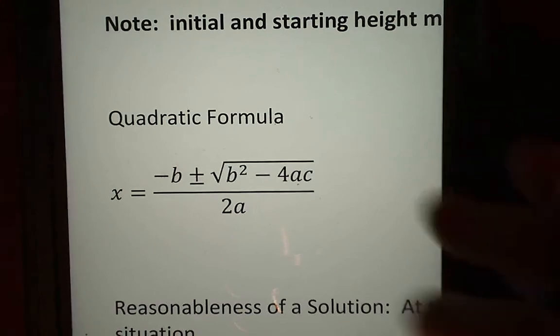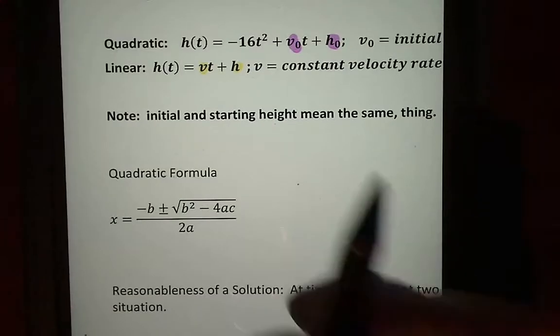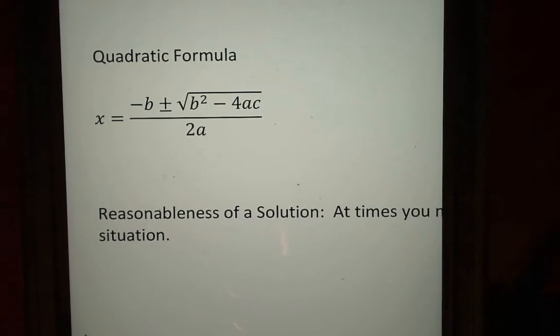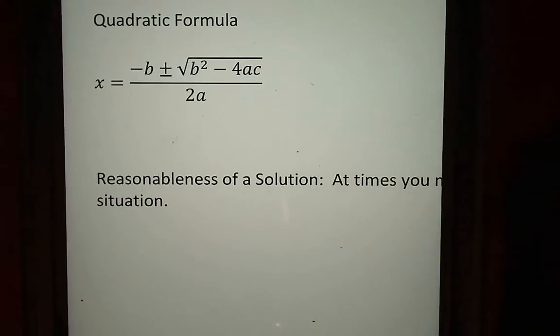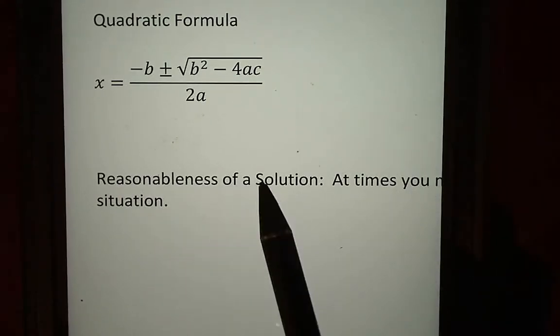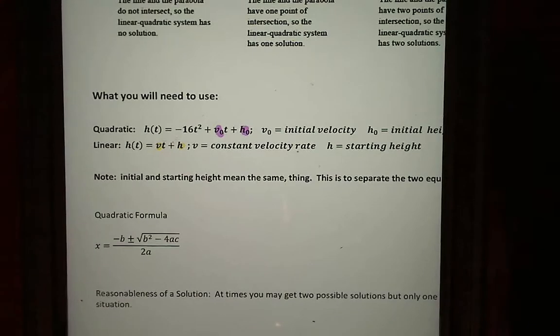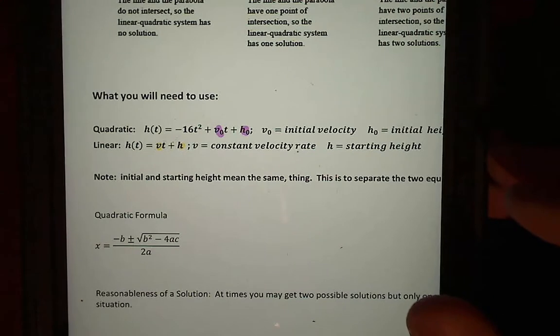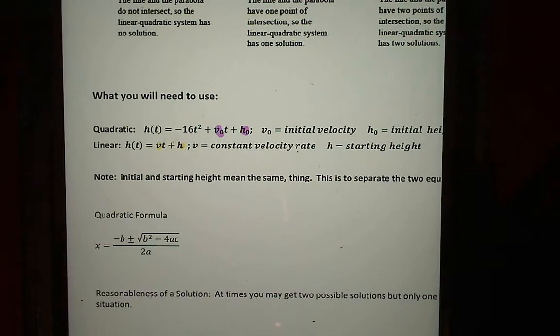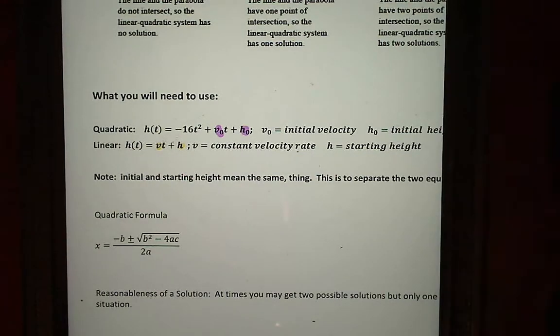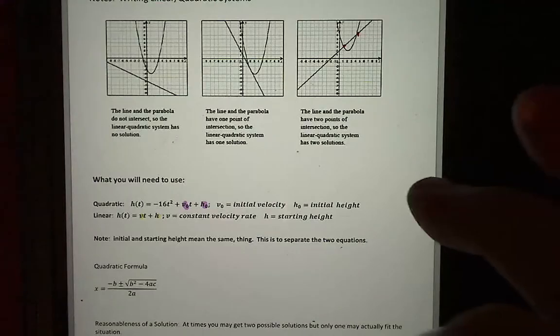And the last thing, which is not new but we haven't talked about in a while, is the reasonableness of a solution. You might end up with two possibilities, but based on the situation, you only need one of them, or the other one doesn't make sense for certain reasons. That's what we mean by reasonableness. So that's what we're looking at today.